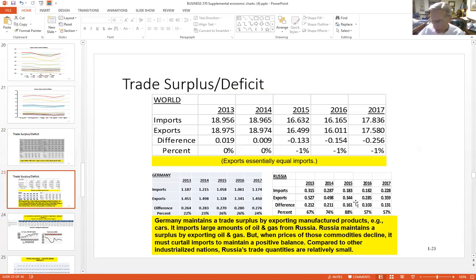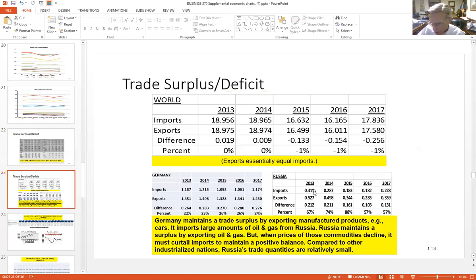but primarily the price of oil, as those exports went down, Russia could not afford to import as much. And so you can see that exports fell from 500 plus billion to 340.